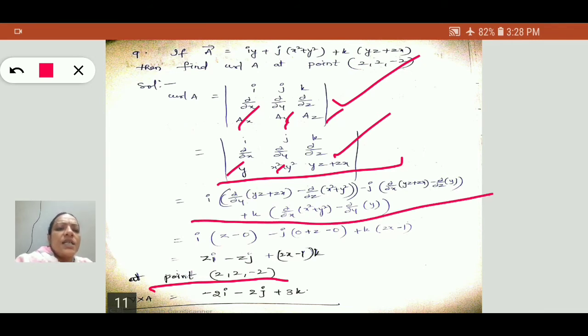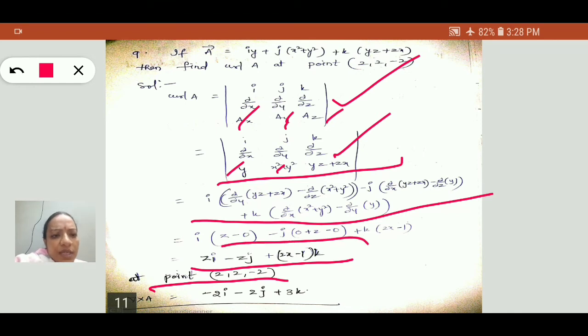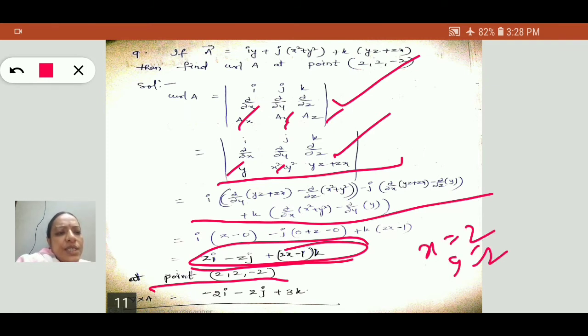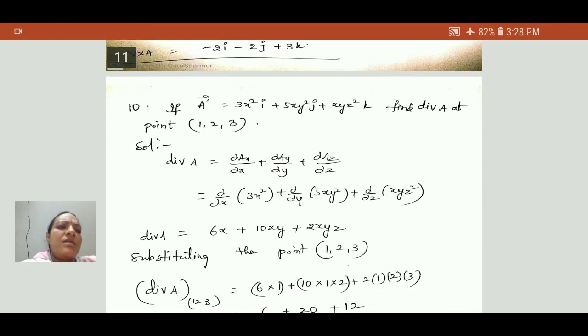Calculating the determinant, we get zi + zj - (2x - 1)k. Now, after getting the curl of the vector, substitute x = 2, y = 2, z = -2. We get -2i - 2j + 3k. So this is the problem based on curl.